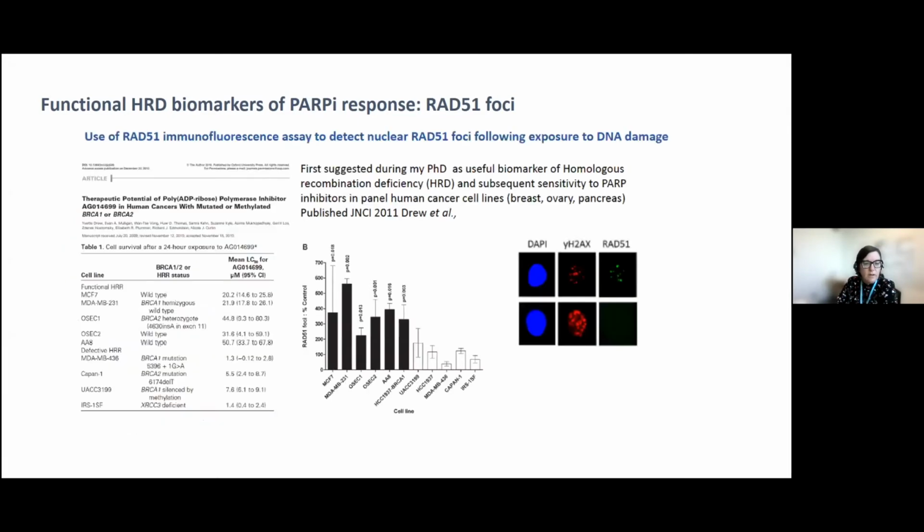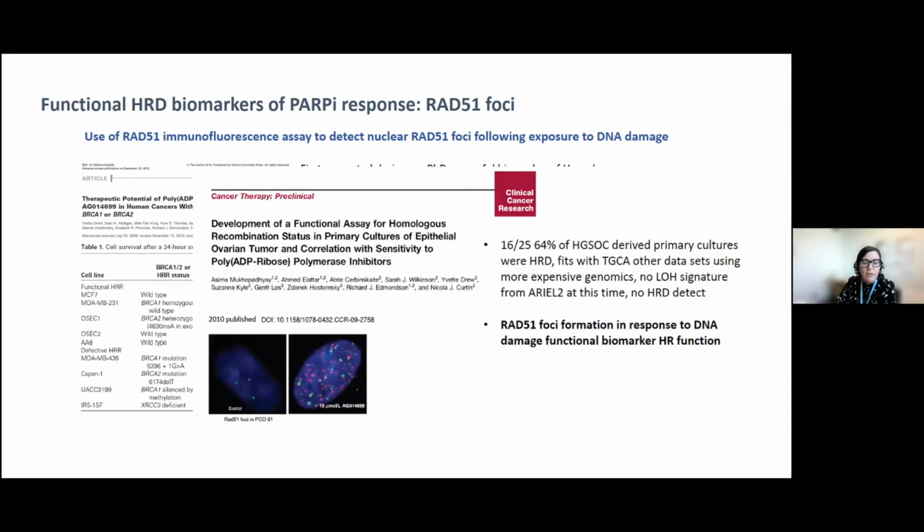Through my PhD we developed a RAD51 functional foci assay, looking at a twofold increase in RAD51 foci in response to DNA damage. We showed that you could do this as a functional test in primary cultures developed from patient ascites. And we found that 64% of high-grade serous ovarian cancer samples had an HRD phenotype through this test, and that did fit with their subsequent response to PARP inhibitors.